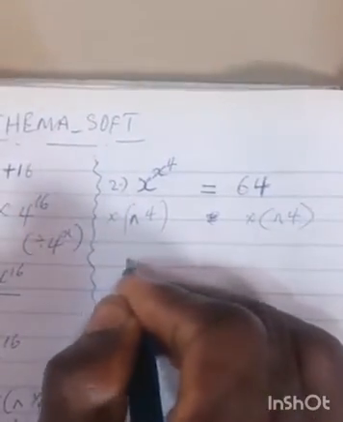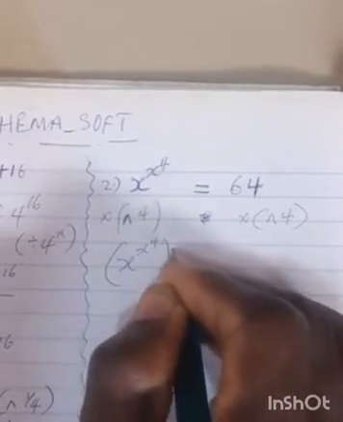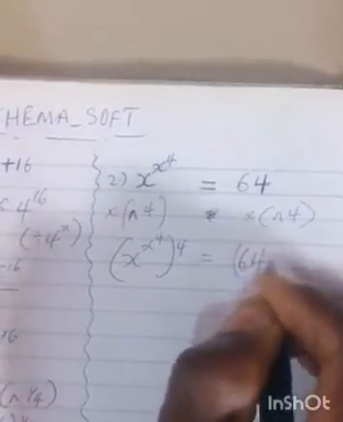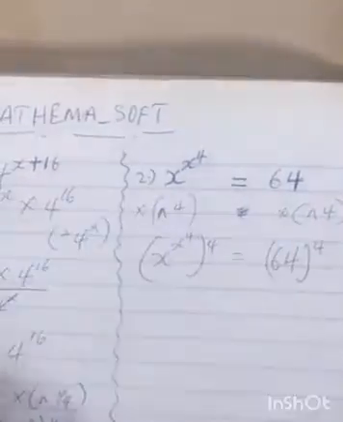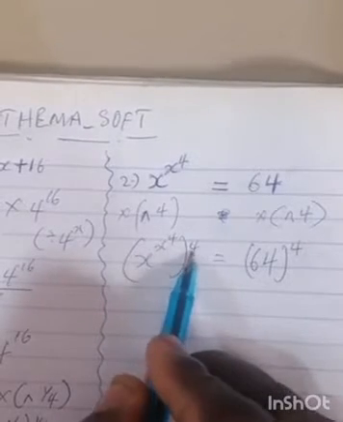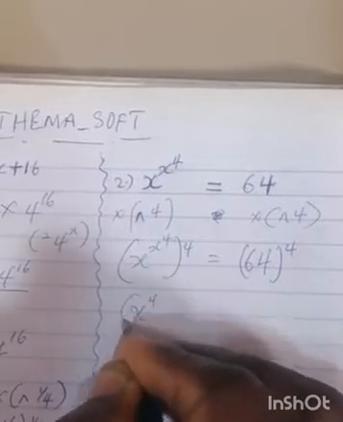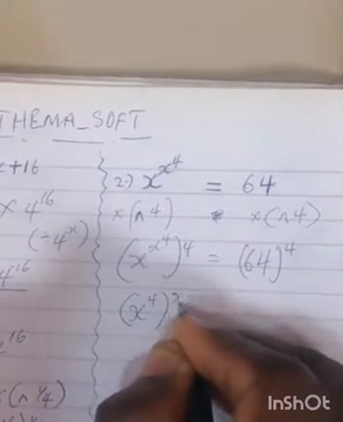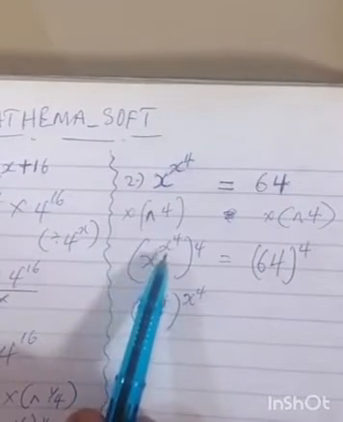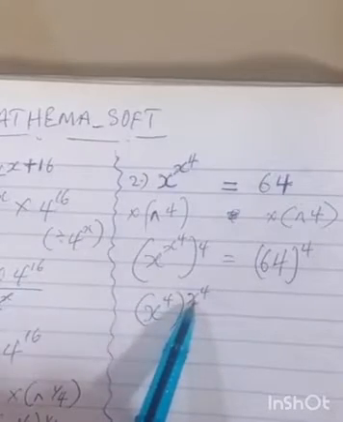So this will be x raised to power 4, then 4 equals 64, raised to power 4. So this is x raised to power 4 times 4, which I can also write as x raised to power 4, then x raised to power 4. So if you check this, I've not written anything different. x raised to power 4 times 4 is the same thing as 4 times x raised to power 4.